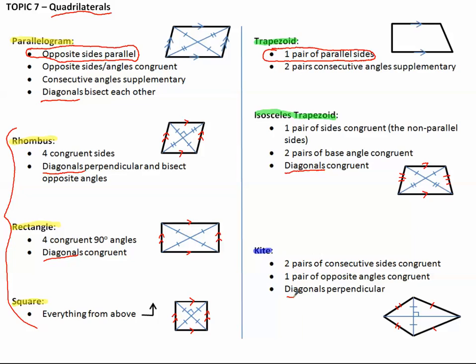And again, perpendicular diagonals with a kite as well. Again, there's no real shortcut to this, but recognizing first we have 2 sides parallel for these, 1 pair of sides parallel for these, and nothing parallel for a kite will really help to narrow down what we are looking at.